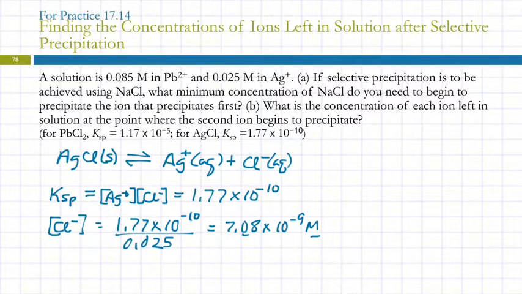Well, what chloride concentration do we need in order for the lead to begin to precipitate? We need to calculate it, right? Similar calculation. We've got 2 chlorides.